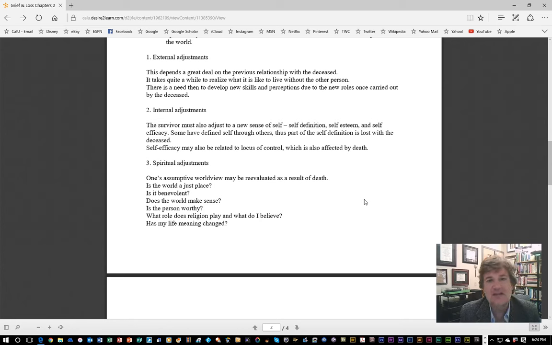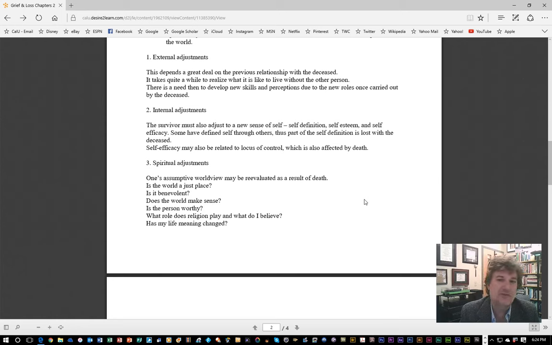There is a need then to develop new skills and perceptions due to the new roles once carried out by the deceased. This is the most tangible adjustment, and it's often very difficult. There's lots of dynamics, just somebody we might confide in.